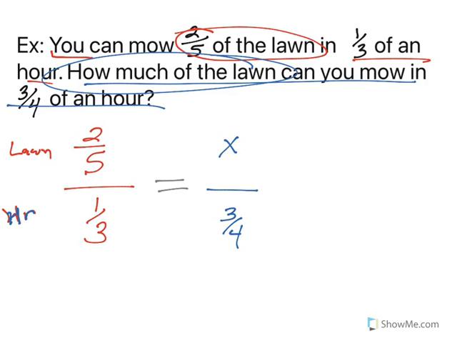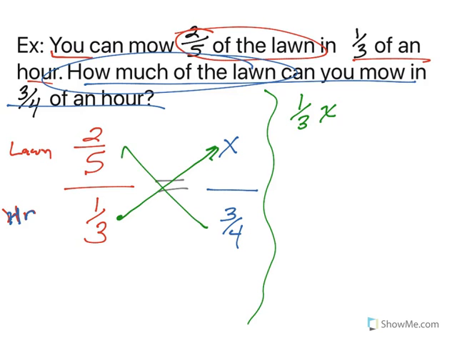So how do we solve proportions? Cross multiply, meaning denominator of one fraction multiplied by the numerator of the other. So I have 1/3 times X equals 3/4 times 2/5.